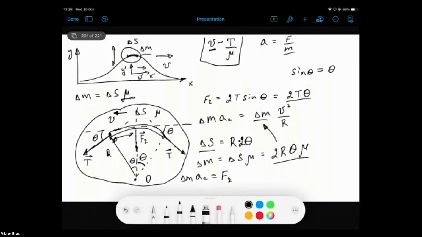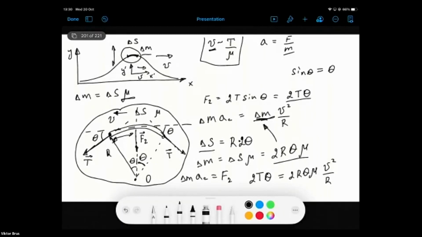So in that case, we can write 2 times tension times theta equal to 2 times r times theta times mu, which stands for this mass, times v squared divided by r.